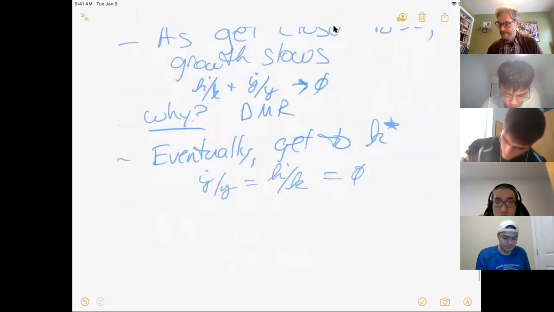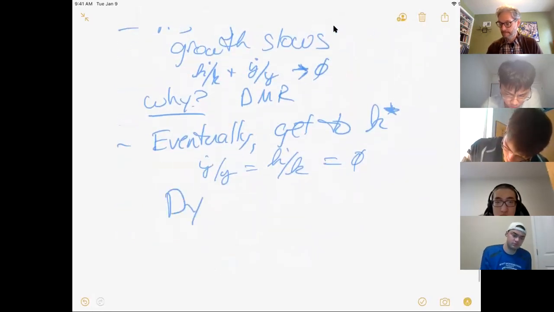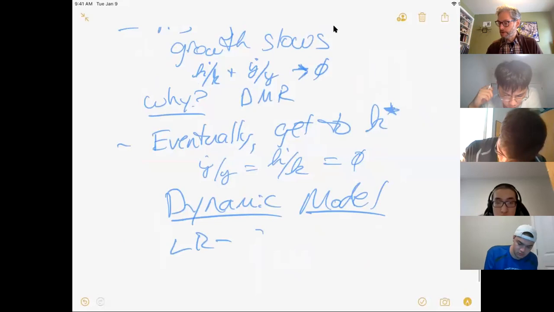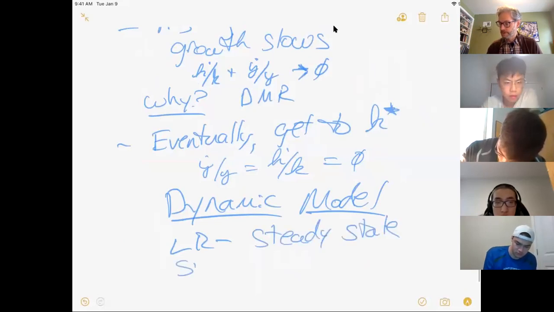So this is big. In the long run, you have a steady state, but in the short run, you have transitional dynamics.